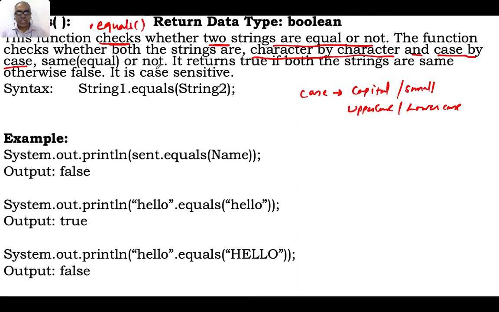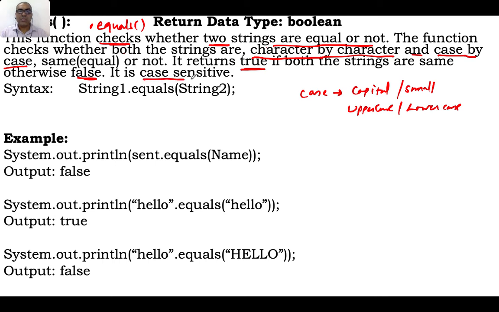So it is a checking function, it will return either true or false. It means when two strings given to us are same, character by character as well as case by case, the return value is true. But if any one character, including space, is not same, it is not going to return true, it will return false.